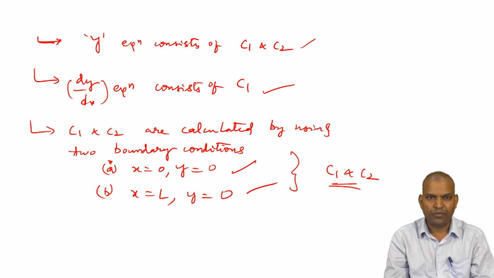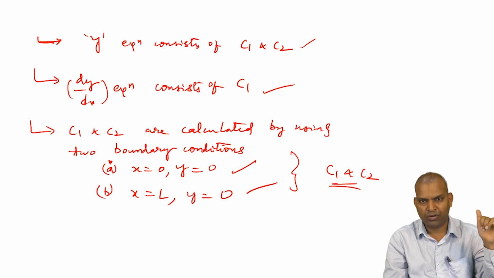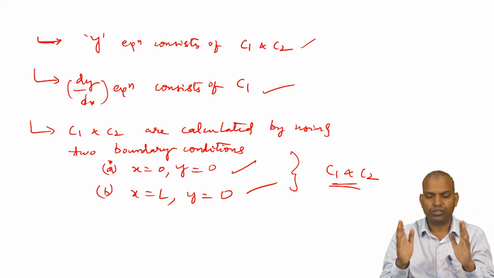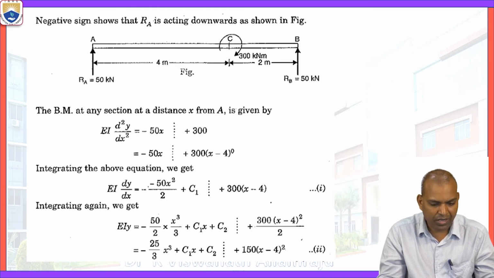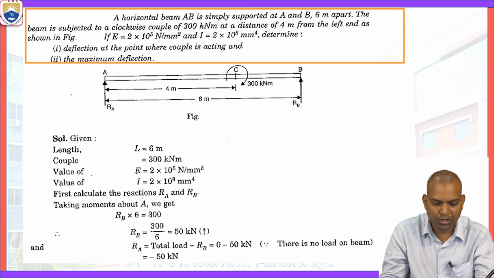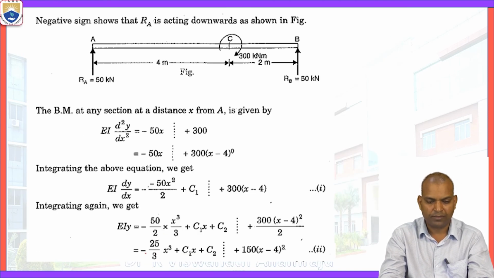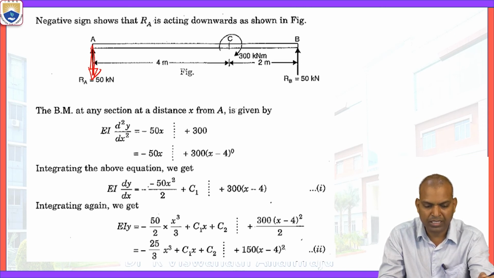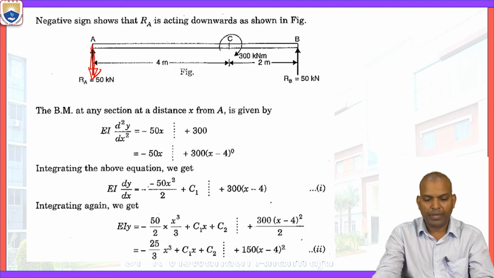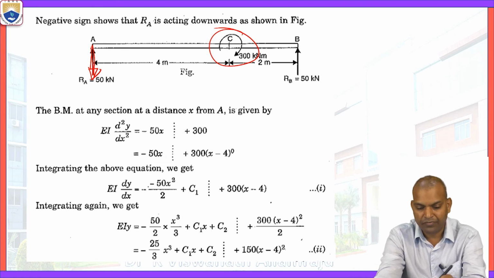Otherwise, it yields. We may think the effect of the constant load is downwards, but the reactions are upwards. These two reactions are supporting. That's what we saw here. In this case, the value of RA we obtained is a negative value, minus 50 kilonewtons. But after calculating, what is the direction of the reaction? Minus 50, downwards. Because of this moment of 300 kilonewton meter, only at one support is the reaction force coming, 50 kilonewtons.